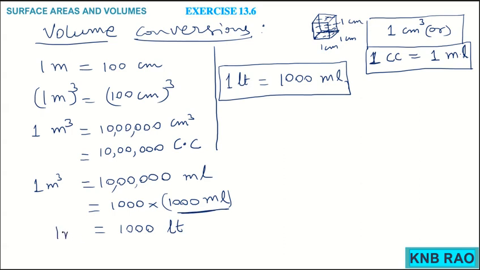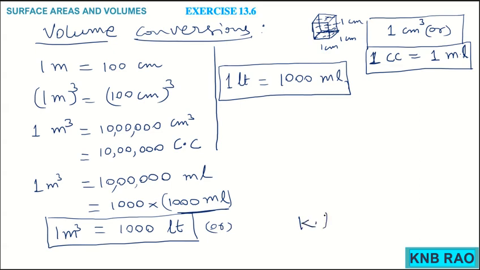Now 1 meter cube is equal to 1000 liters. Sometimes it is also written as 1 kiloliter, kl, kilo means 1000. So 1 meter cube equals 1 kiloliter.